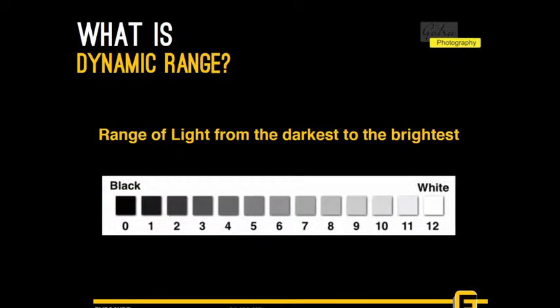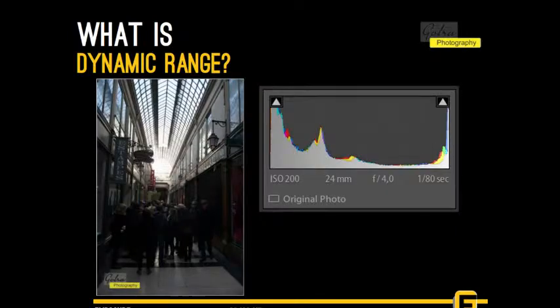Now, the range of light from the darkest to the brightest is like this. Okay, 0 is black and 12 is white. This is about the dynamic range. Now, this one, you will notice that it is something like darker, you can see a lot of black, and you can see white clipping here.